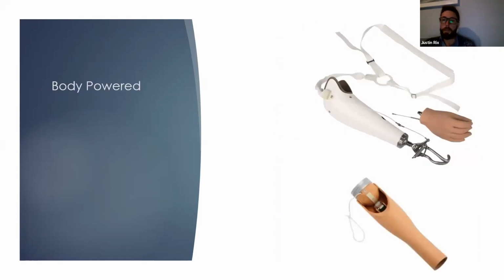Body powered is a harness system. This is one of the upper limb prosthetics that you see the most, and these are controlled by harnesses. We have a voluntary opening hand or hook, which are interchangeable, as well as elbows, where you can use the harness to unlock or lock the elbow to get the required position.